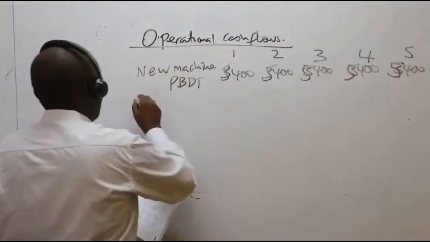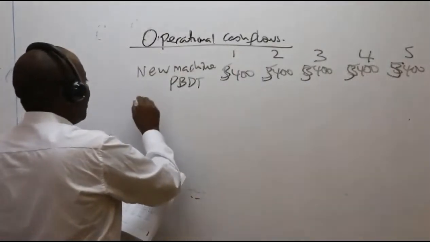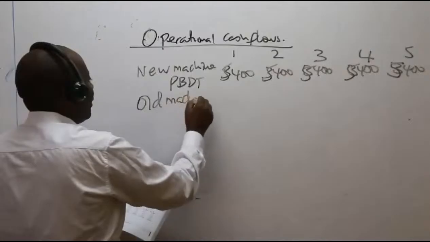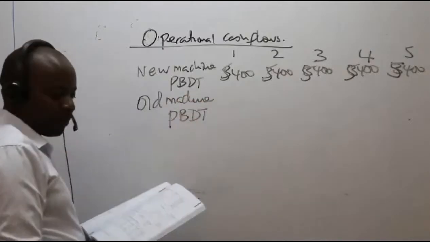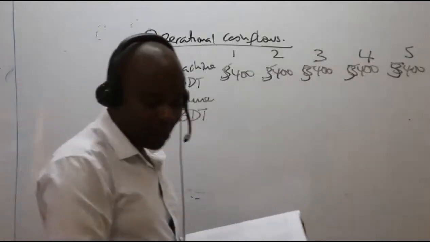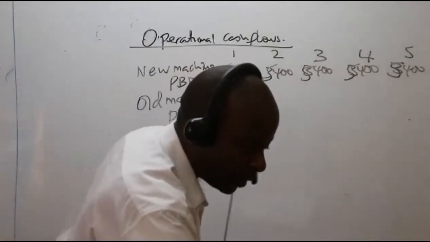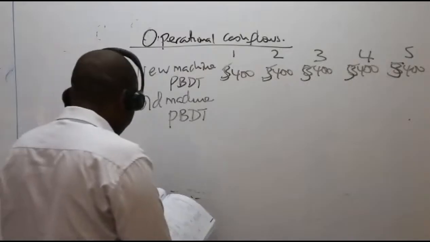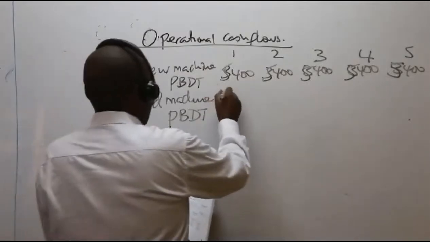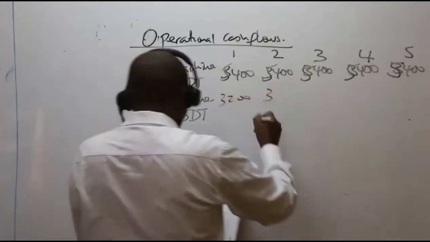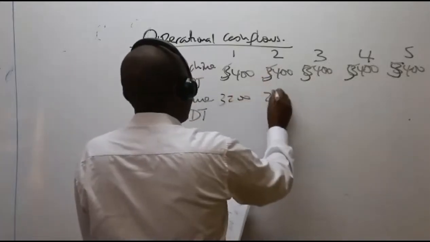So, ladies and gentlemen, come here and give us the old machine, profit before depreciation and tax. What figures do we have? So I can see them vividly. The first year, we have got 3,200. Then 2,800.